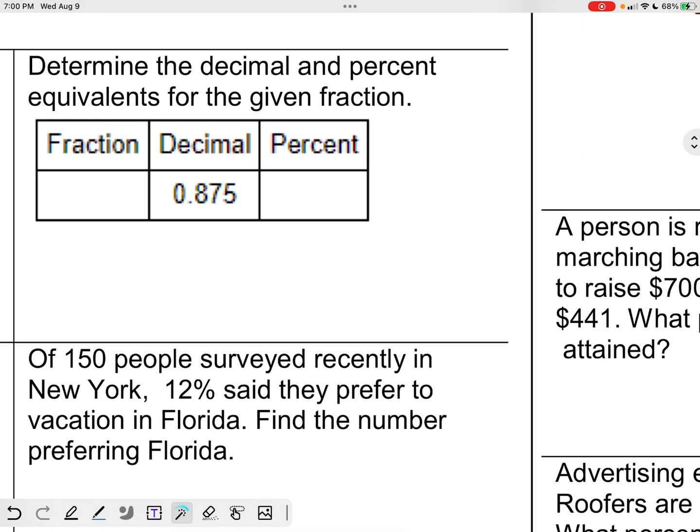This one, maybe you remember this from the last little lesson. I'm not positive. Do the underline, draw the line type thing, and I'd fill it in with 3 zeros. 875 thousandths. However, possibly maybe you're like, oh, I totally know how to reduce that.